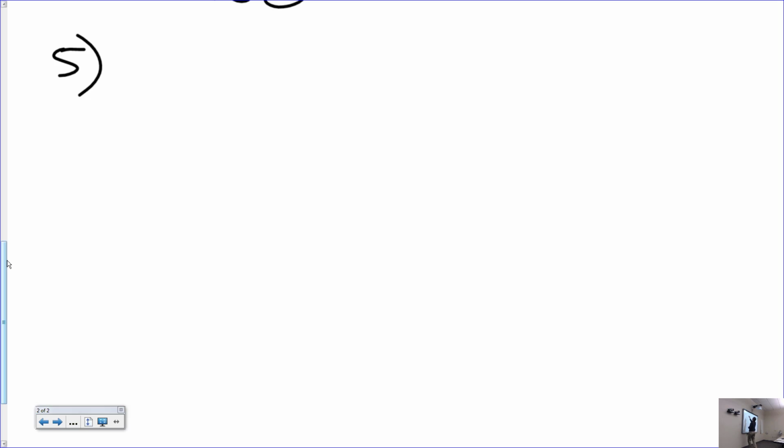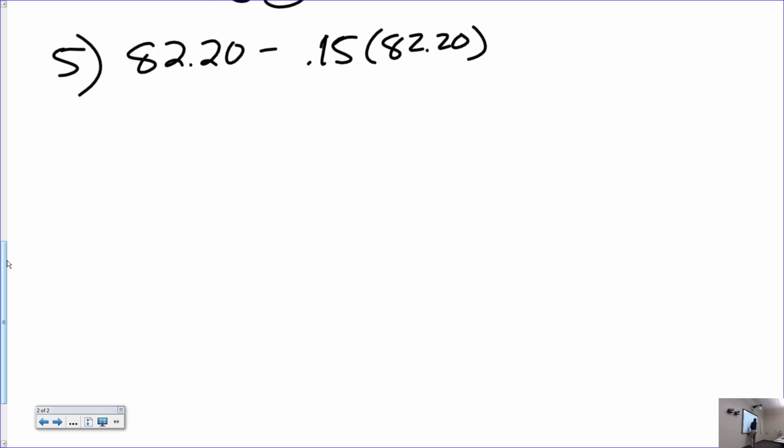All right. So, anyways, the idea here, folks, is that you're going to take 15% off of your shoes to figure out how much it costs, and if it's 15% off, folks, what percent did you pay for? 85%.